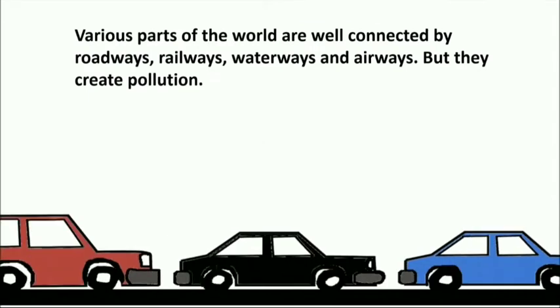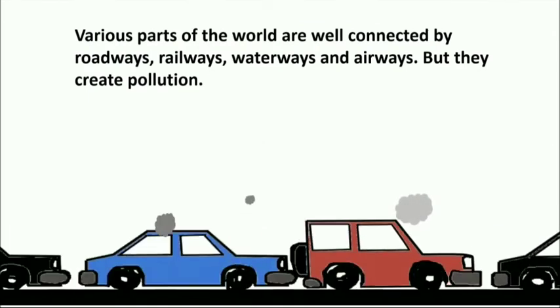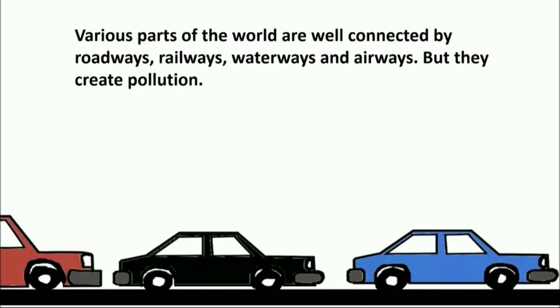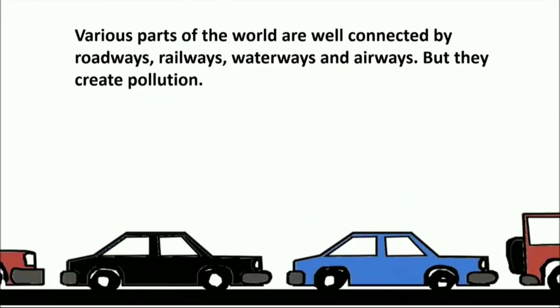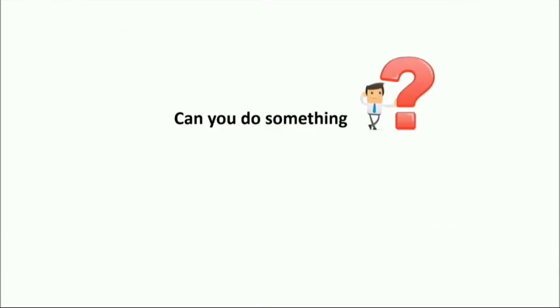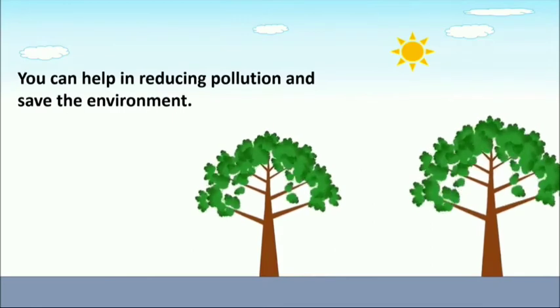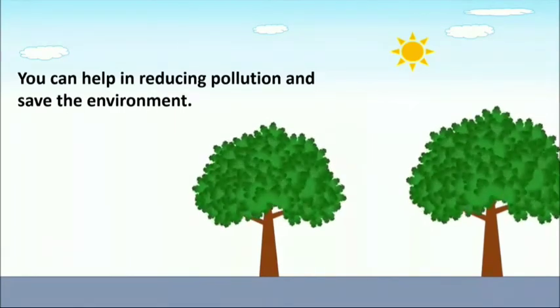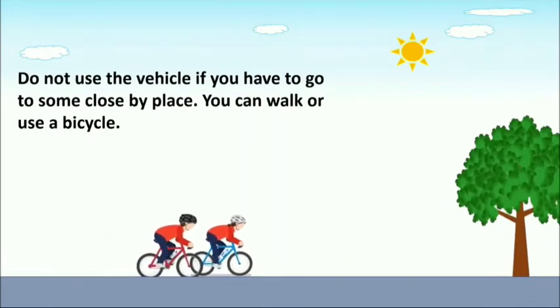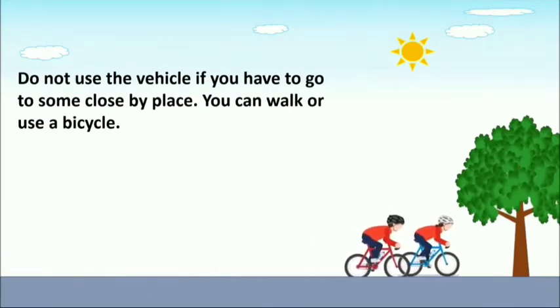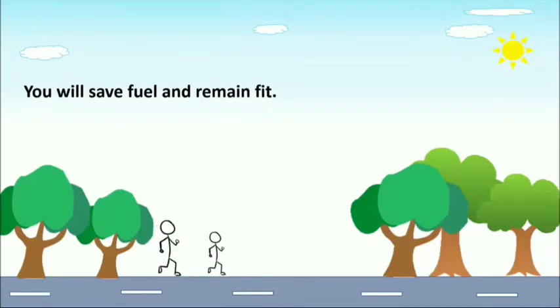Various parts of the world are well connected by roadways, railways, waterways, and airways, but they create pollution. Can you do something? You can help in reducing the pollution and saving the environment. Do not use a vehicle if you have to go to some close by place. You can walk or use a bicycle. You will save fuel and remain fit.